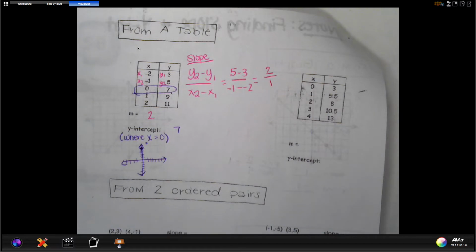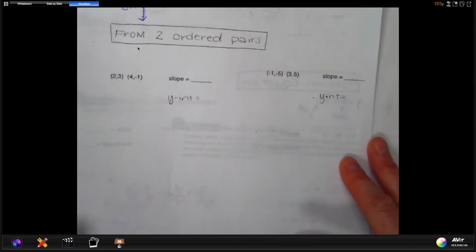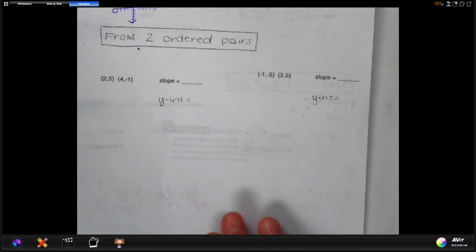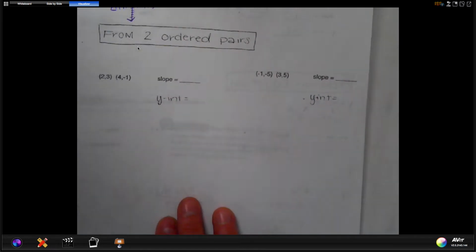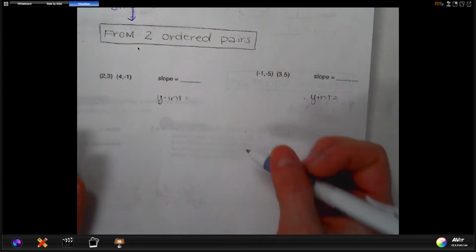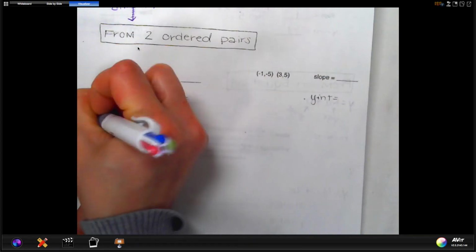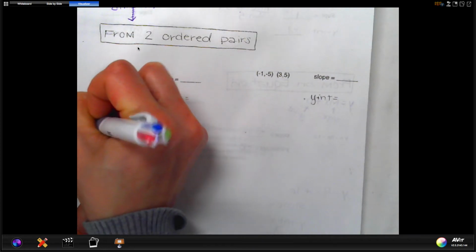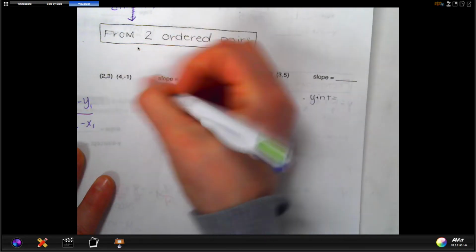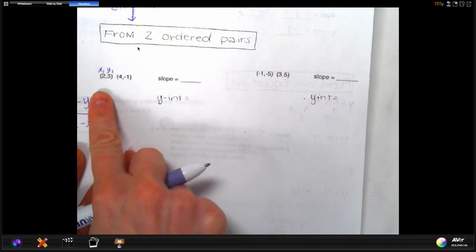Okay, last but not least, probably the most challenging is finding slope and y-intercept from two ordered pairs. Now, finding slope from two ordered pairs is the exact same as what we just did on the table. We are still going to use y2 minus y1 over x2 minus x1. The difference is the order here. So this would be x1, y1, because it's the first ordered pair.